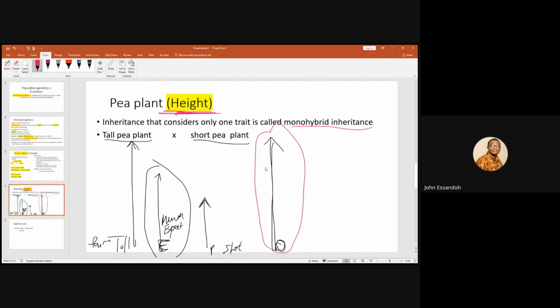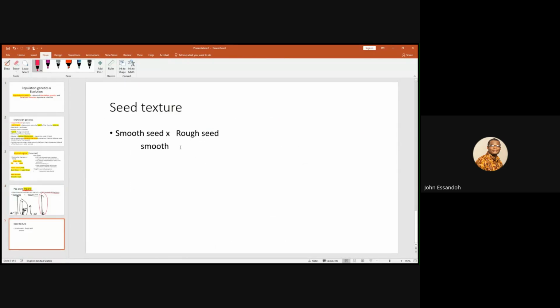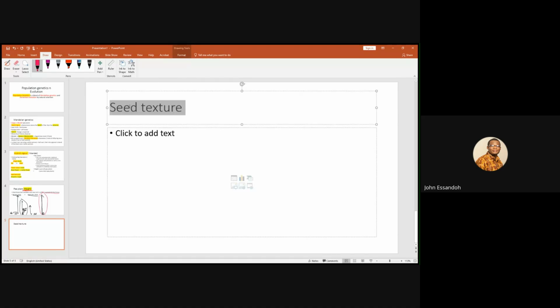Okay. Mendel didn't end there. So this tall here. Now you see, he crossed this one. These are the parents, the original parents. He crossed them, still on height.